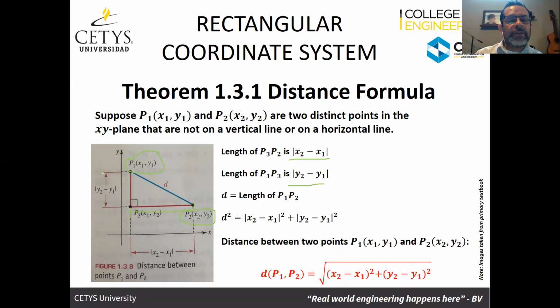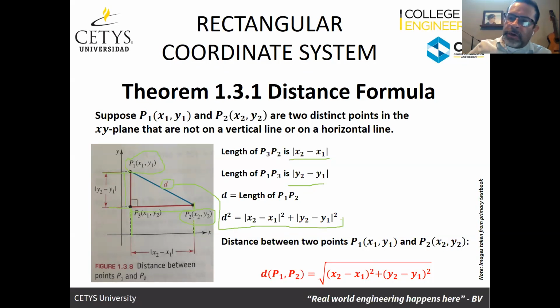And I can also find the y distance, which is given by this length here. And so if we notice, what we're generating here with these 2 distances is a right triangle. So what is the distance between the 2 points? It's going to be the hypotenuse, which in this case is d. And so the hypotenuse is going to be represented by the Pythagorean theorem this way.